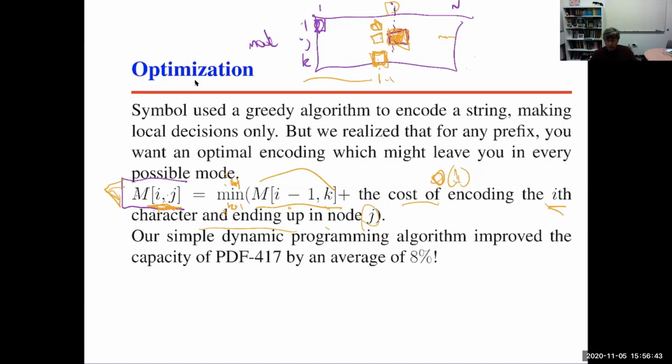What is the running time of this algorithm? If I have a text of length n, and let's say that there are j different modes. Actually, j is going to be equal to 4, but let's leave it as j. How many boxes do I have?